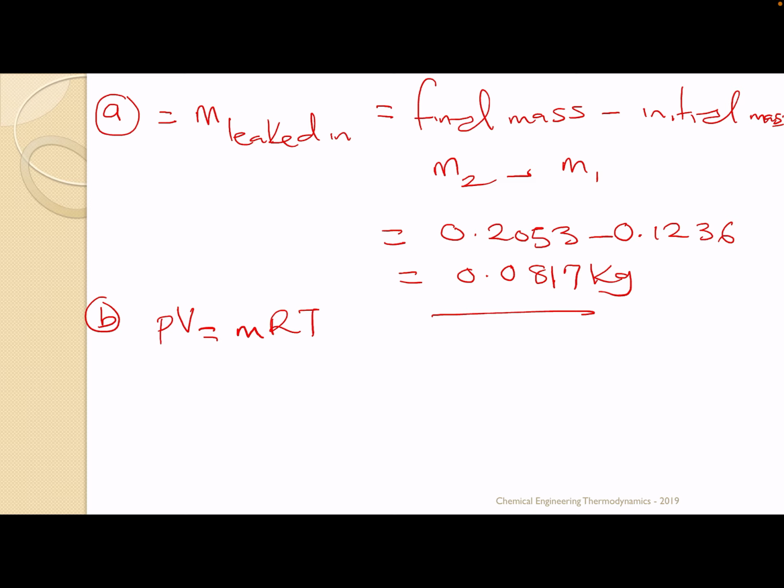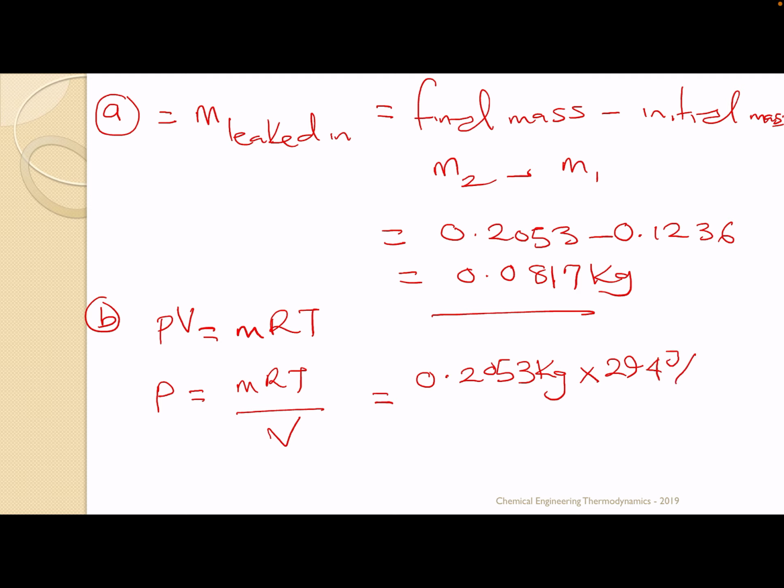So as we are looking for P, then P equals MRT over V. So we have our M will be M2, 0.2053. Remember, the mass has changed. And then we've got the R, 294 joules per kg Kelvin.